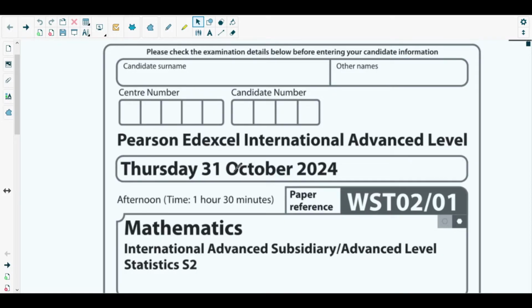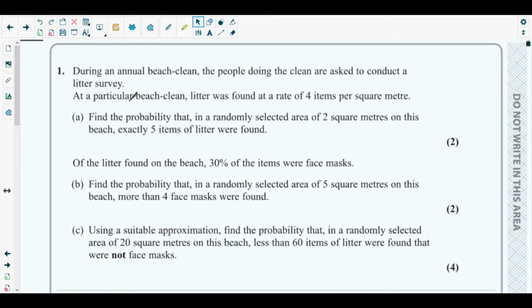In this video, we will be solving the first question of the Statistics 2 October 2024 paper. So let's get started with the first question from the S2 October 2024 paper. Here you go, you can see the first question of this paper. The question says, during an annual beach clean, the people doing the clean are asked to conduct a litter survey.